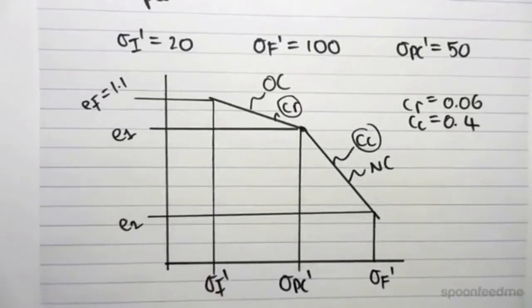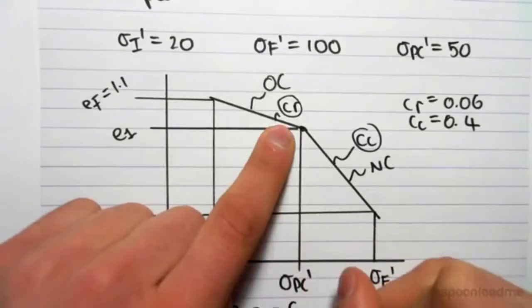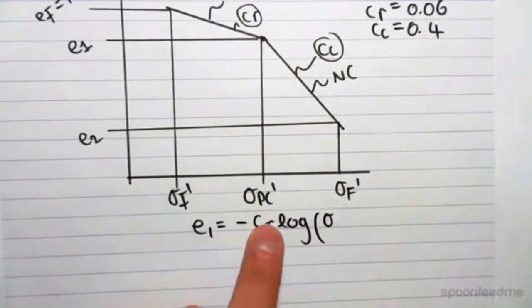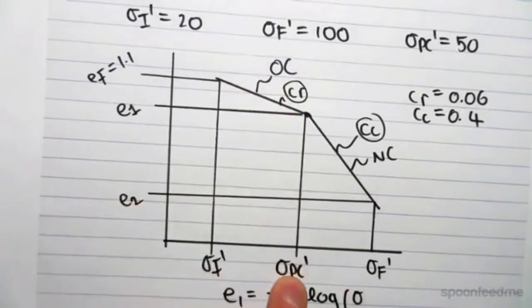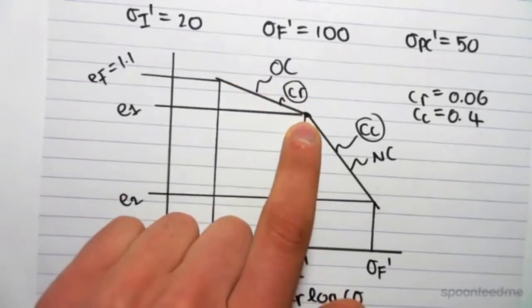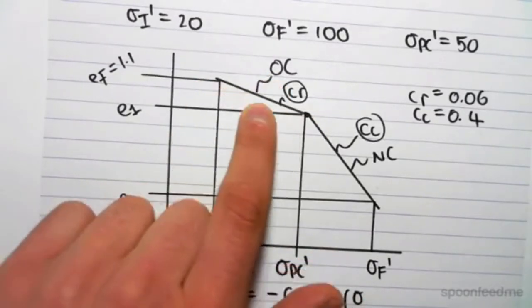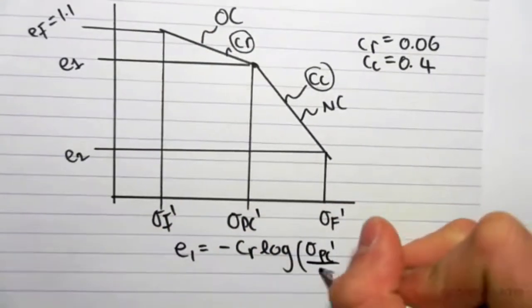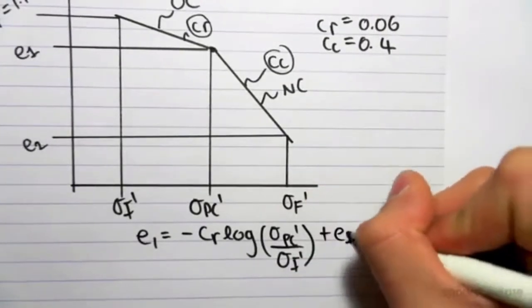So we know from the previous videos that E1 would equal minus CR log sigma. Now, the final stress for this over consolidated sample is actually the pre-consolidated stress. The final stress we reach on the over consolidated line for this example is actually the pre-consolidated stress. So this is sigma PC dash on sigma I dash plus the initial voids ratio.